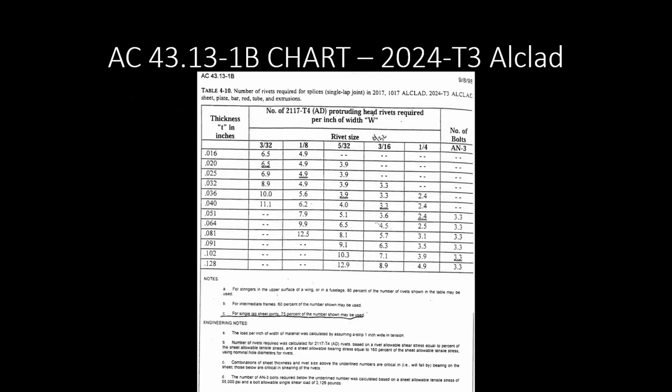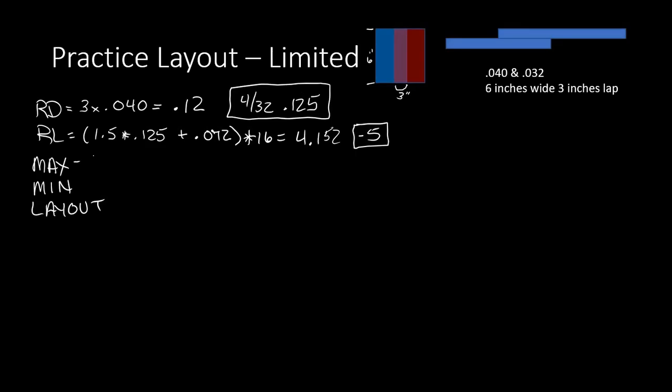My multiplier is the 6.2, times my pitching distance. Remember, pitch across the longest distance, so times my 6. 6.2 times 6 is 37.2 rivets. So max, 37 rivets.